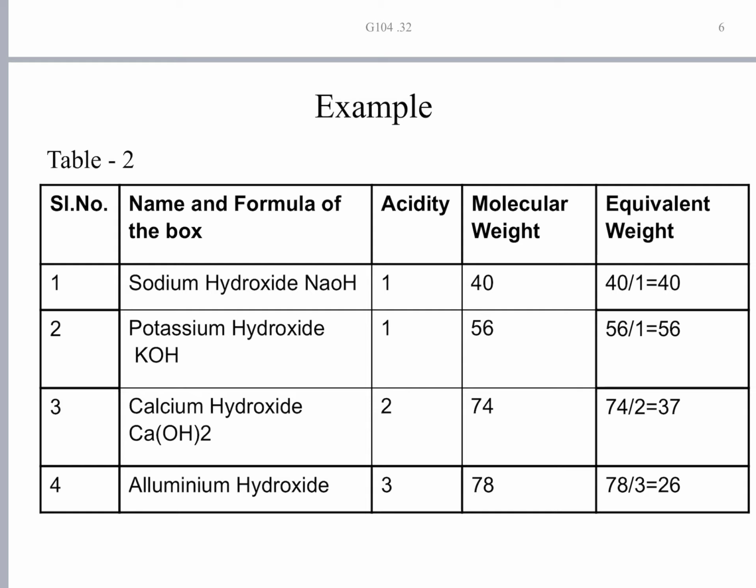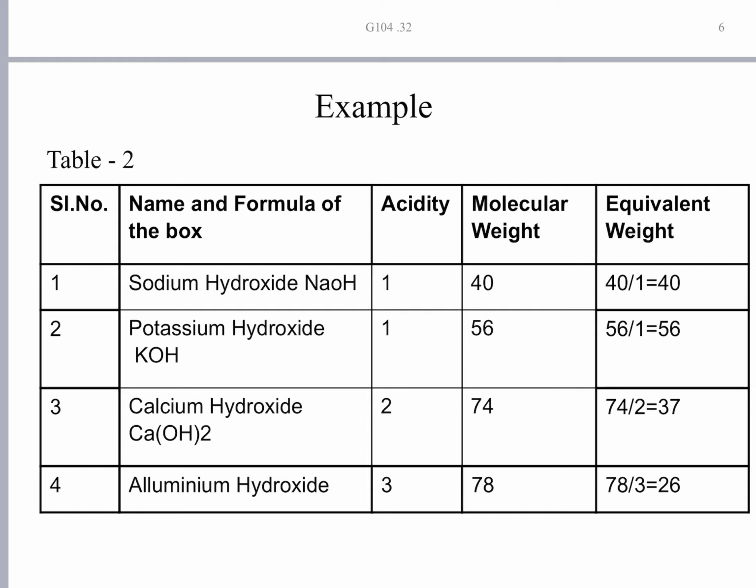Its molecular weight is 40. Its equivalent weight is molecular weight by acidity, that is 40 by 1, which gives 40 itself. So in any monoacidic base, the molecular weight is identical with the equivalent weight, since the molecular weight is divided by 1.